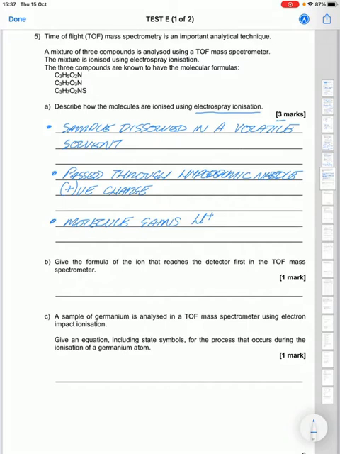So in here we're looking at the ion that reaches the detector first. It's going to be the one that's the lightest or the lowest Mr or the smallest, which is this one. But what we've got to remember is that it has gained a proton, so it's going to be C3H5O2NH+.